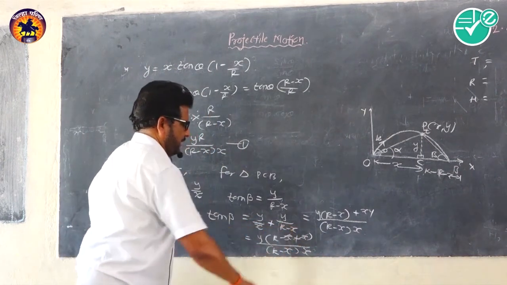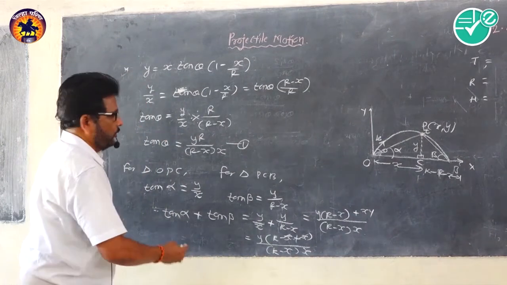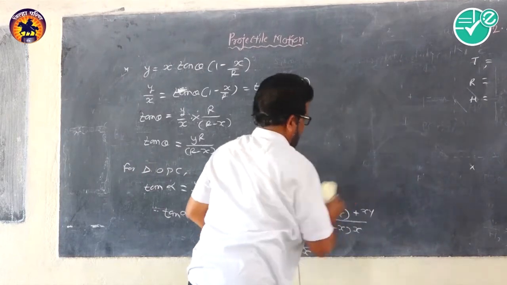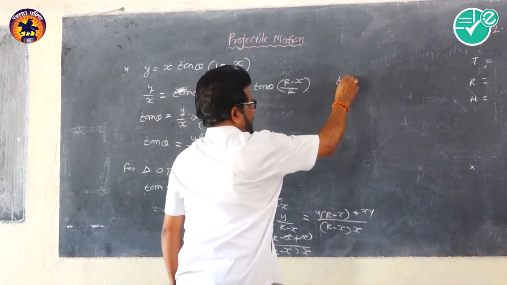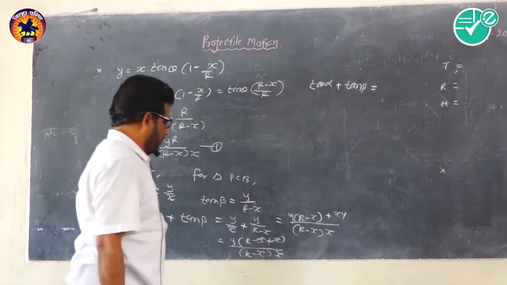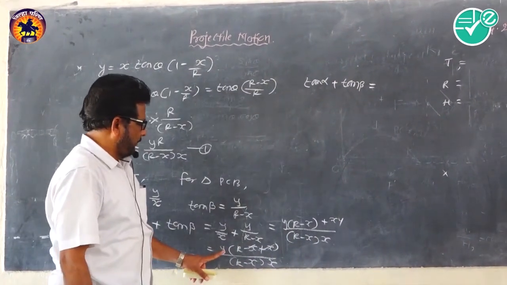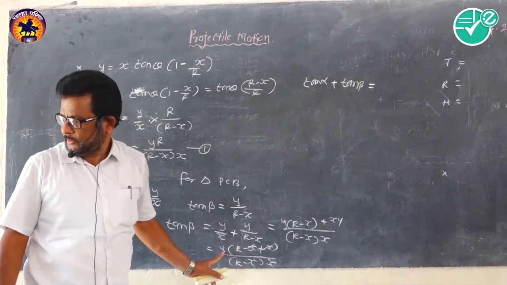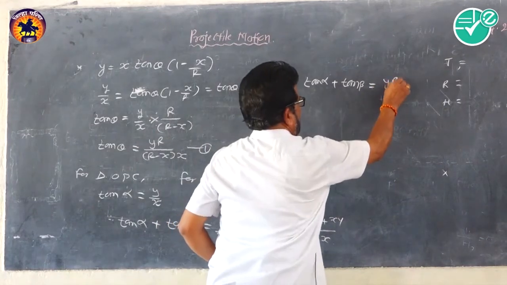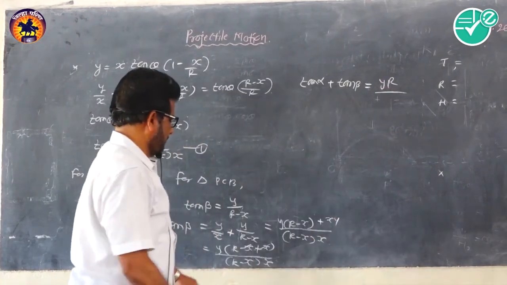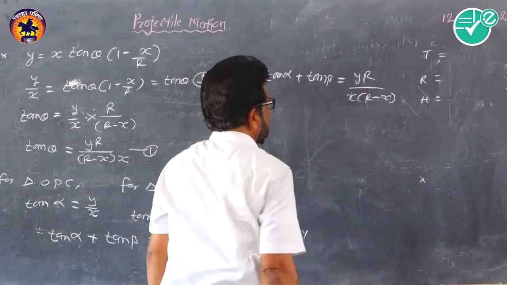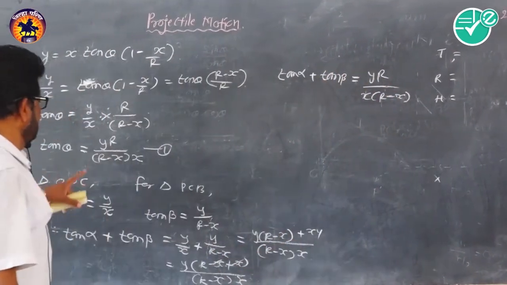Here x gets cancelled, so tan alpha plus tan beta equals y R upon x into R minus x, and this is nothing but tan theta.